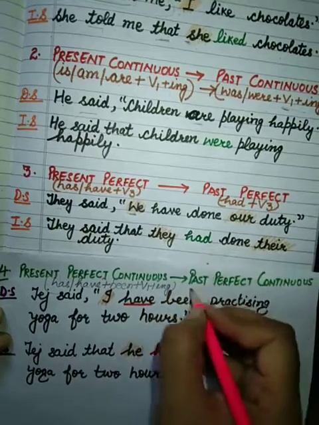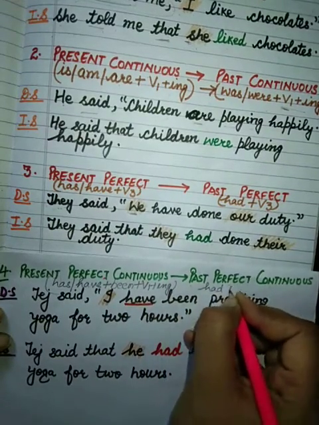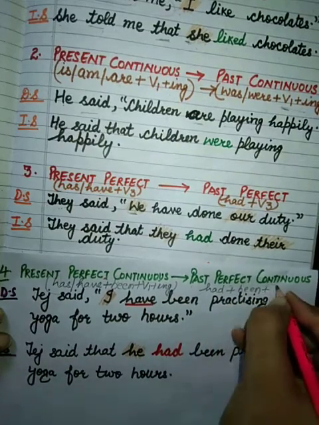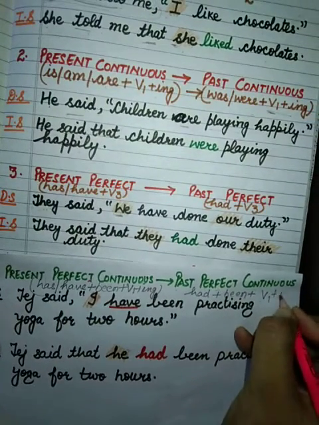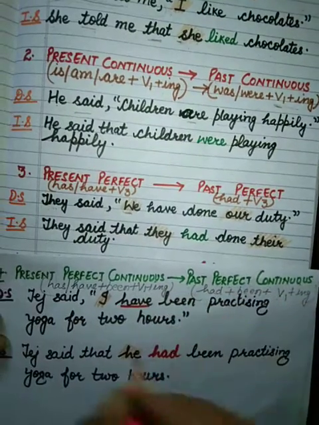Fine. And in past perfect, what do we use? Had plus been plus V1, means first form of verb plus ing, by adding ing to first form of verb.